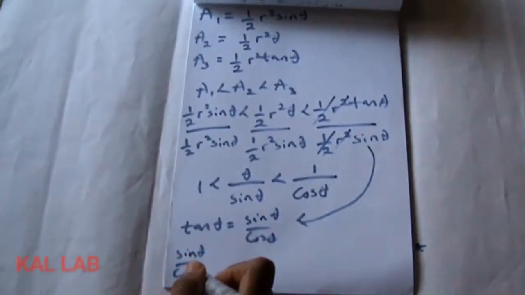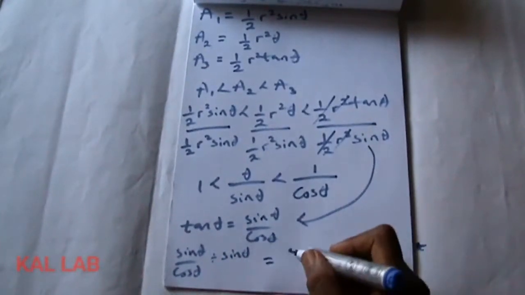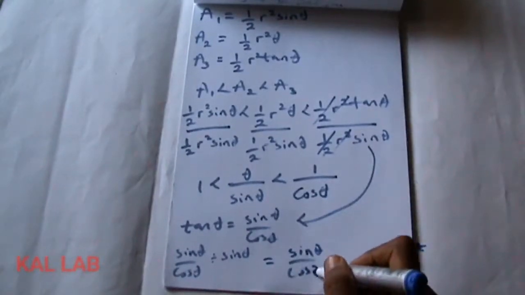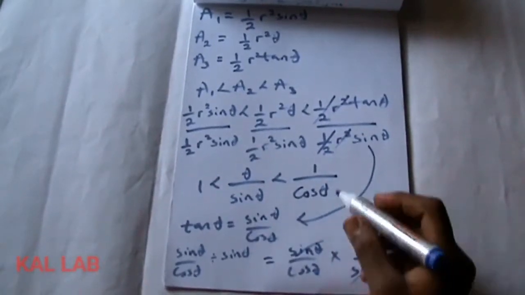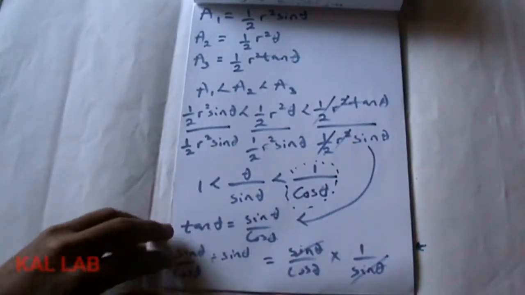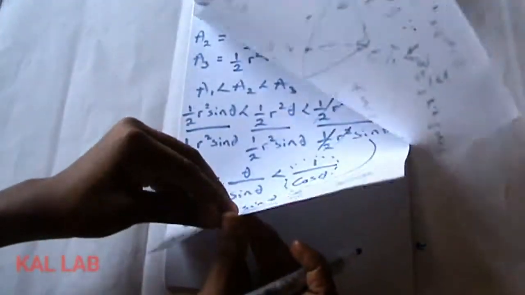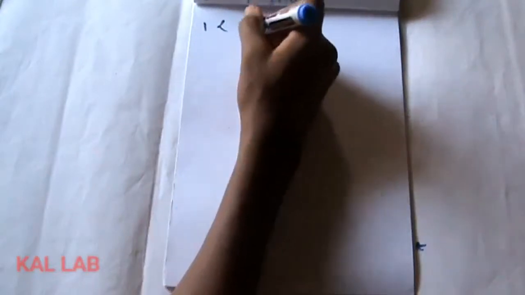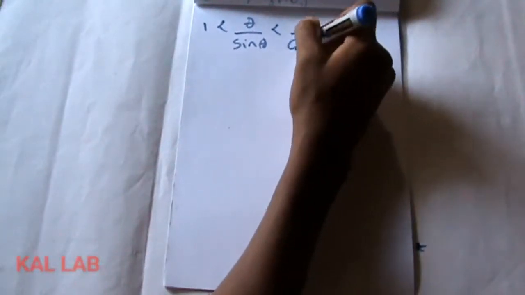Sine theta over cos theta divided by sine theta is equal to sine theta over cos theta multiplied by 1 over sine theta, and there we have 1 over cos theta. So we now have 1 less than theta over sine theta less than 1 over cos theta.